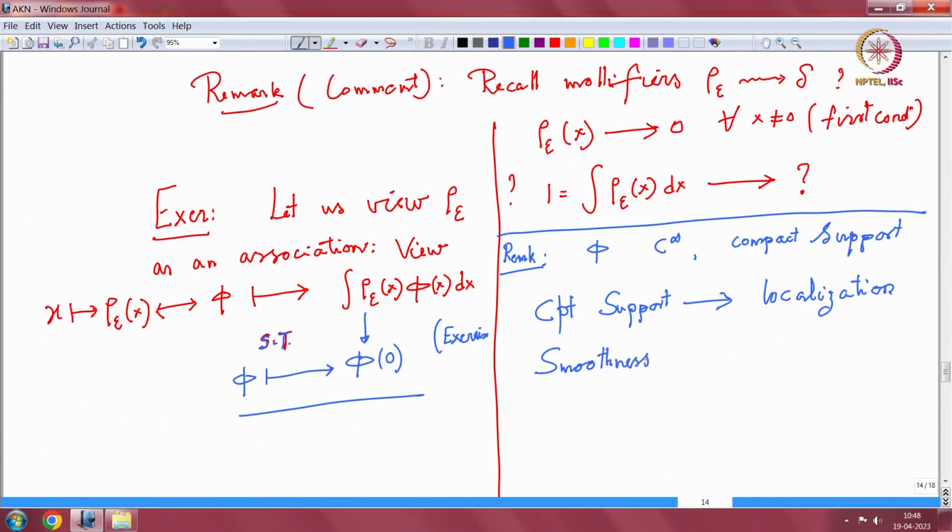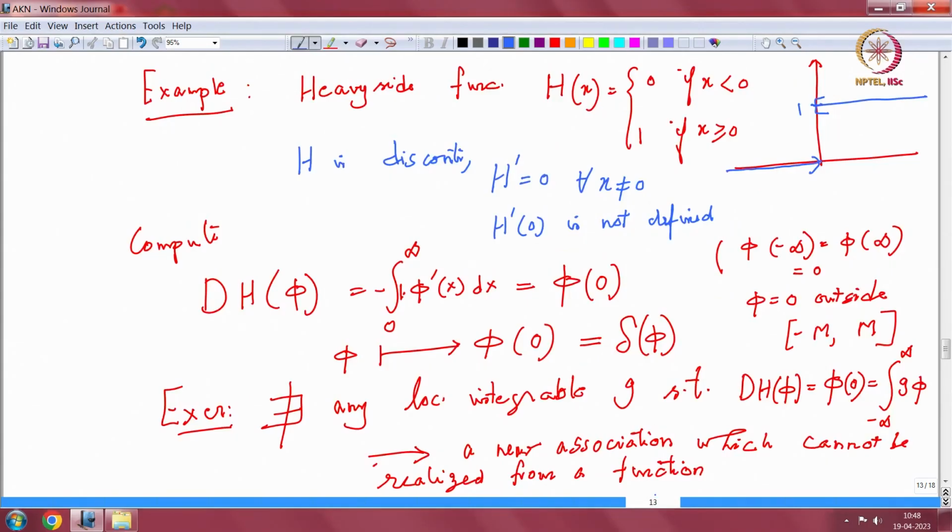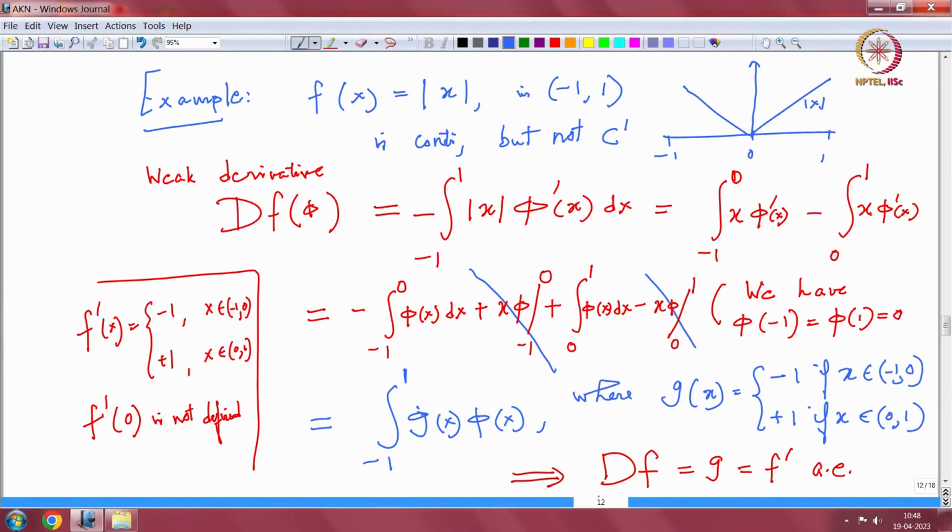If you look at the previous example of the derivative, when you calculate the derivative here, since mod x is not differentiable, we are not able to do integration by parts, and the derivative is coming here.